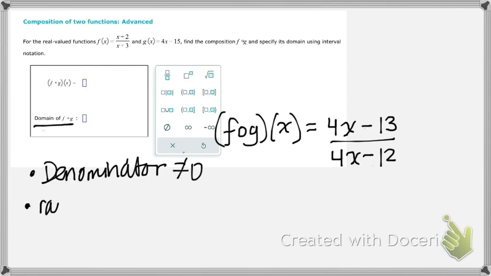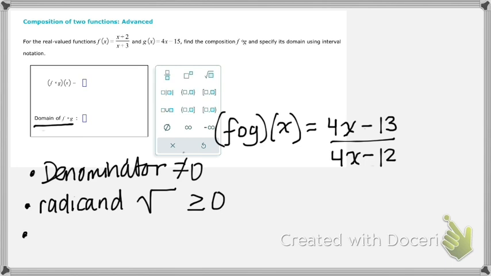The radicand of an even root, usually a square root, must be greater than or equal to 0.